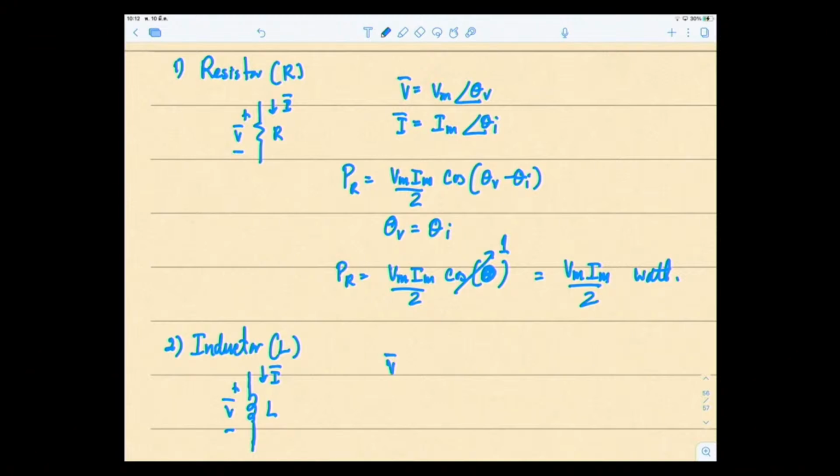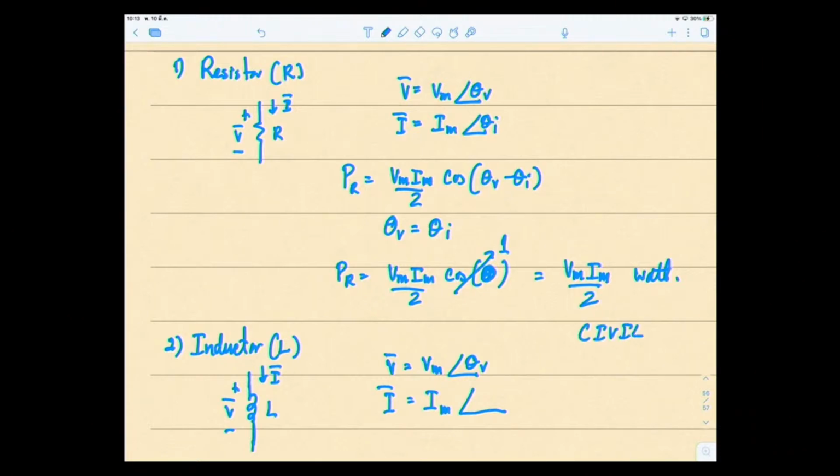Again, let the phasor V equal Vm angle theta V. For an inductor, I lags V. Please go back to the word CIVIL.